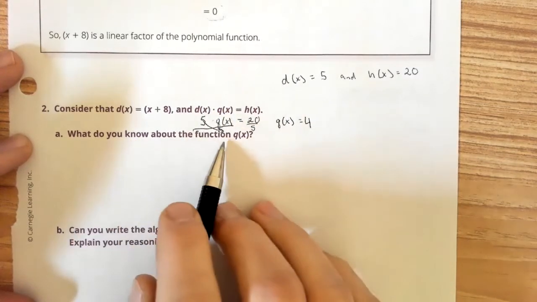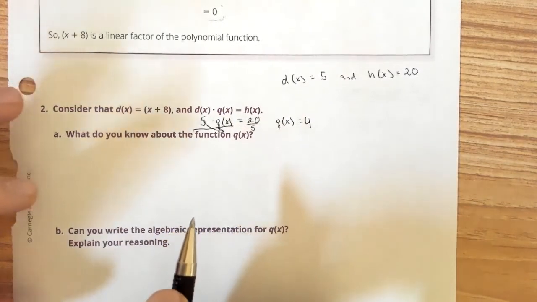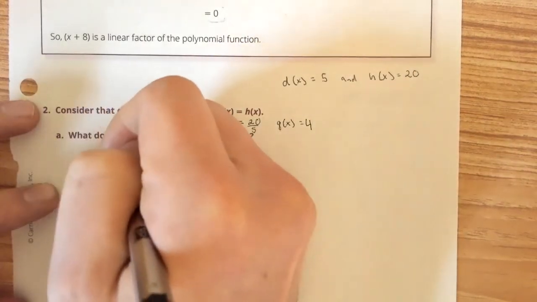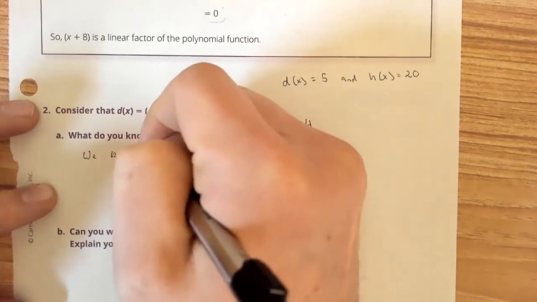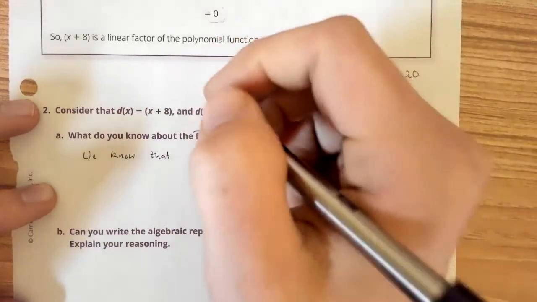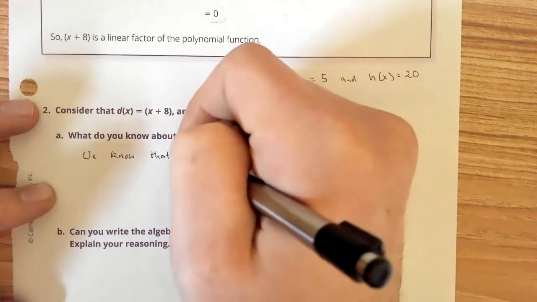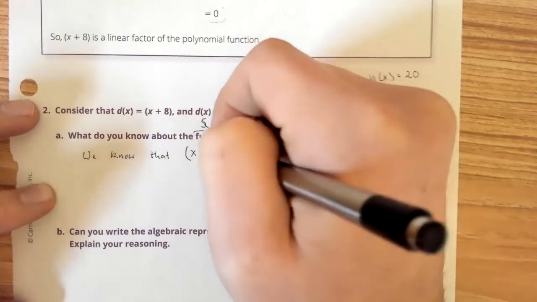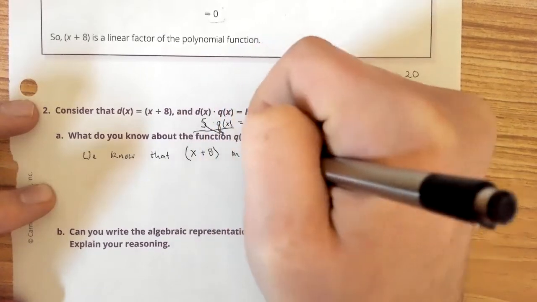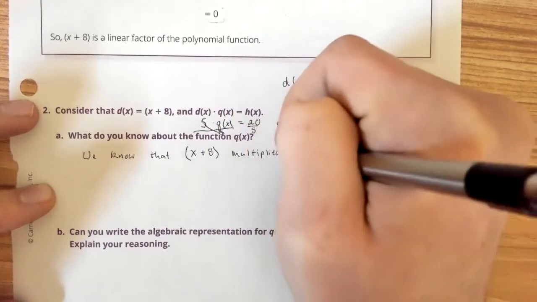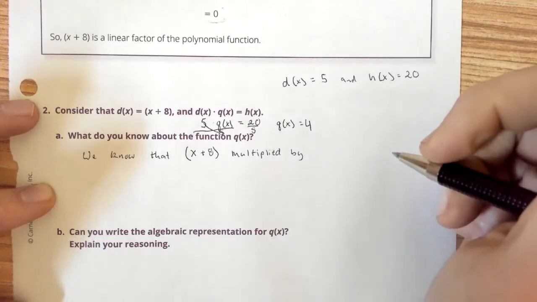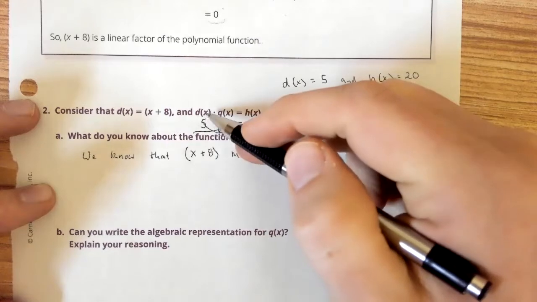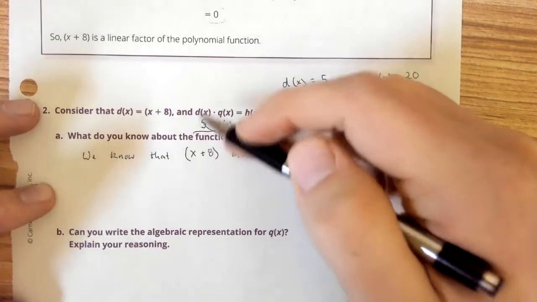So what do we know about the function q of x? We know that x plus 8 multiplied by, remember they said d of x is equal to x plus 8, so I'm just using some substitution here.